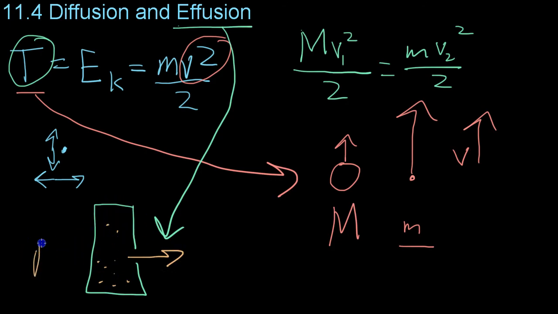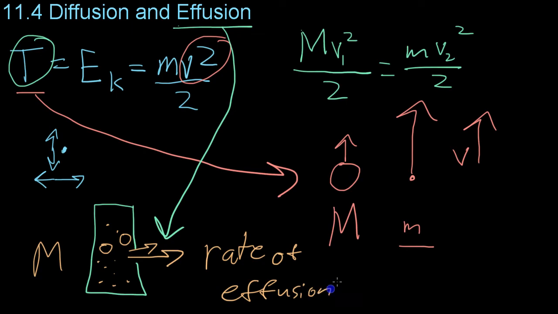However, if they're more massive, they're beefier molecules, then they're going to have the same kinetic energy, however they're going to be moving slower and therefore have fewer collisions with the side and leak out at a slower rate. So you can say that the rate of effusion is proportional to the velocity of a molecule.